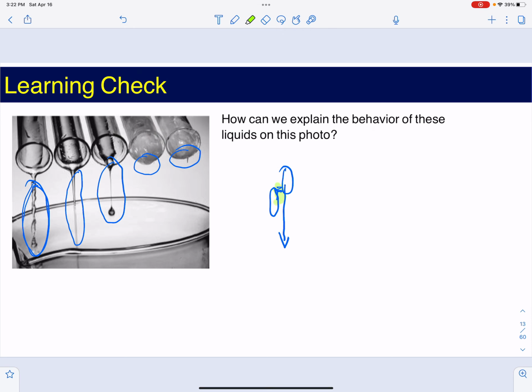So as the molecule is trying to flow by, it gets caught up because of this intermolecular force. And the bigger the molecule, the longer it's going to take to flow by.